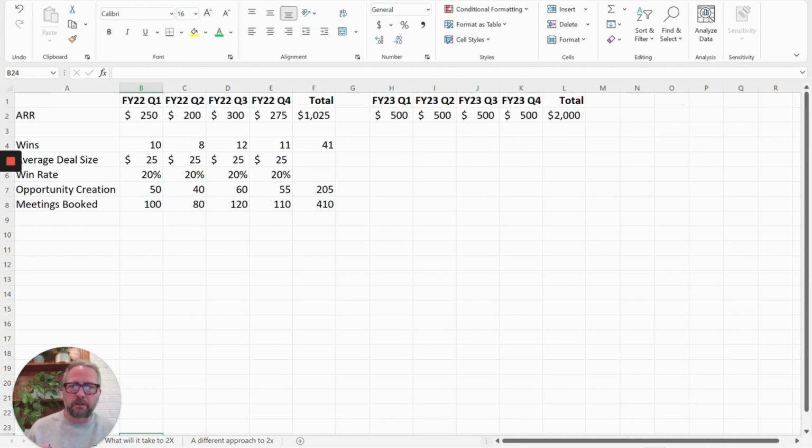Really, when we're talking about bookings for B2B software companies, what you want to do is separate recurring bookings from one-time bookings. Most businesses are really focused on a term called ARR, or annualized recurring revenue.